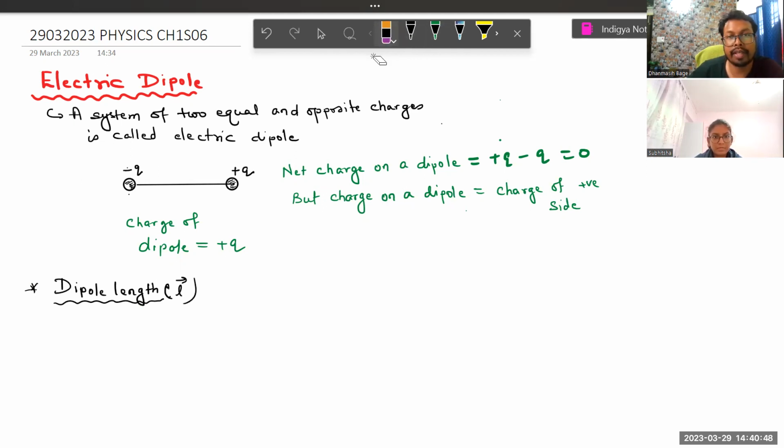Instead of d, let us just define it as L. So dipole length is defined as the separation between the opposite charged particles, directed from negative to the positive side.